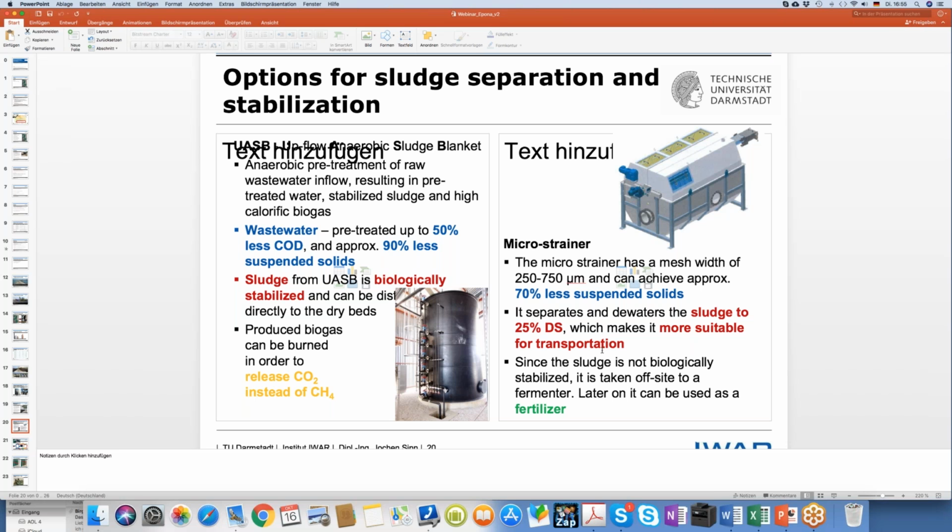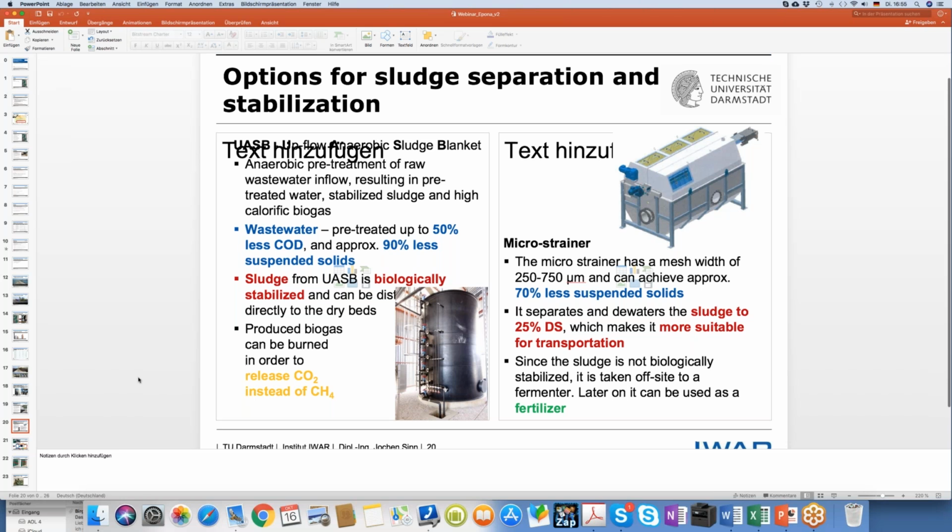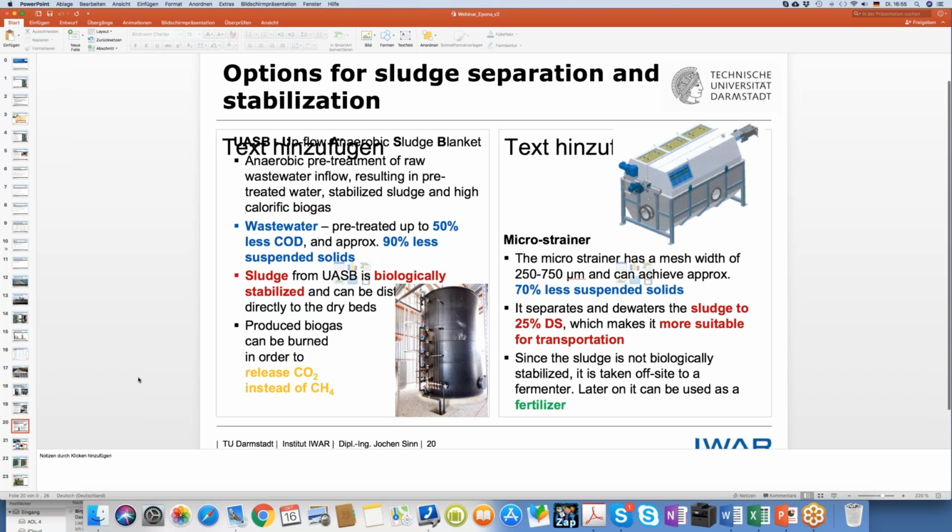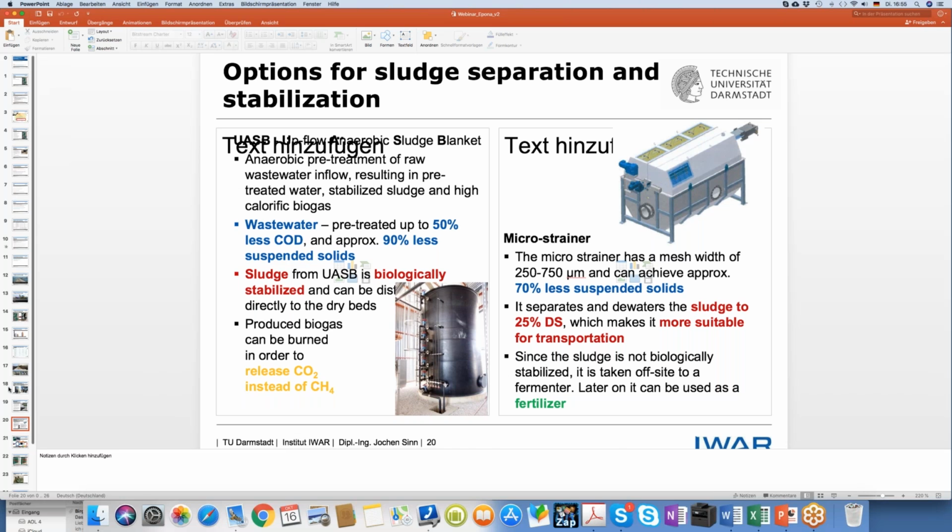It has to be taken in a fermenter, which is a favorable situation in this case, because we have a biogas plant which the sludge is taken into.